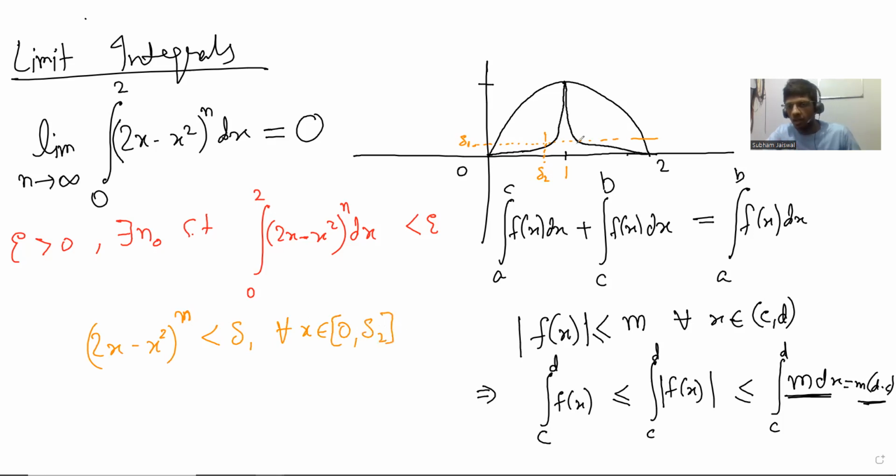And of course, then there will be this thing, 0 to delta 2, and then 1 plus delta 2 to 2. Well, that is symmetric, but still we'll write it.